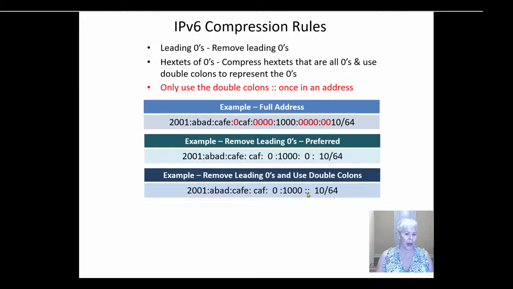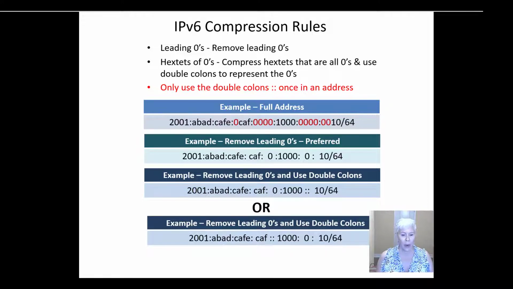People ask me all the time, well, can I do it the other way as well? Of course, you can do it any way. So we can also write it like this, where instead of removing this set of zeros and replacing them with double colons, I'm going to remove the leading zero in the fourth hextet, and then I'm going to put my set of double colons here.